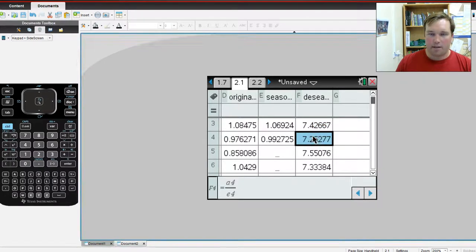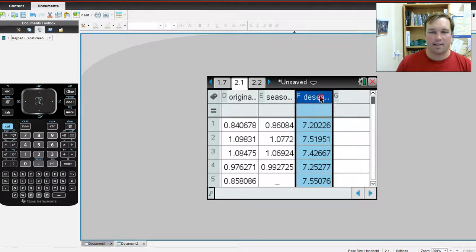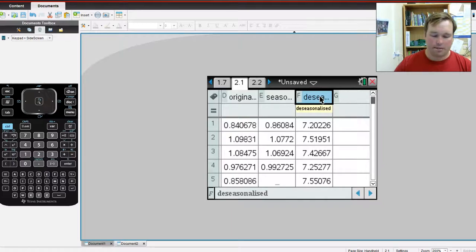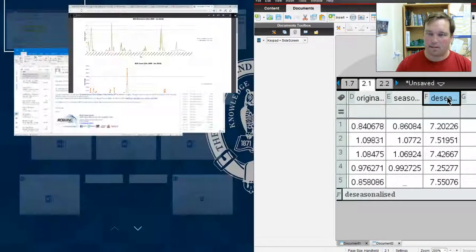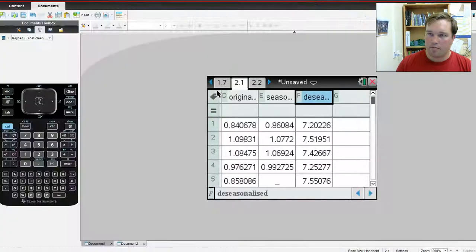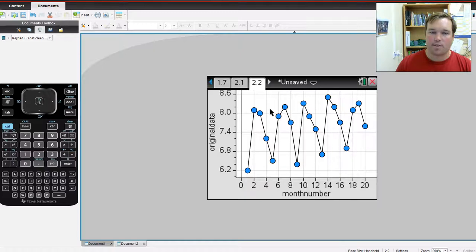Okay, we finally have our deseasonalized data. Rather epic. Now let's see what that looks like on a graph. So there's the original value.